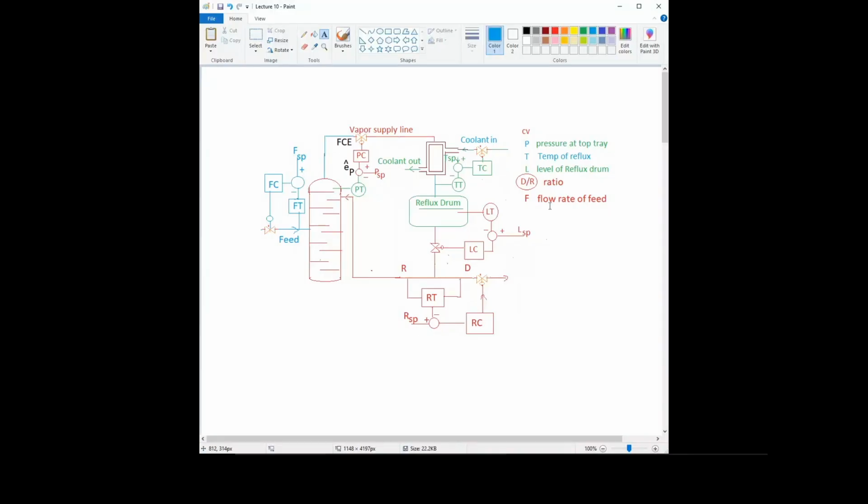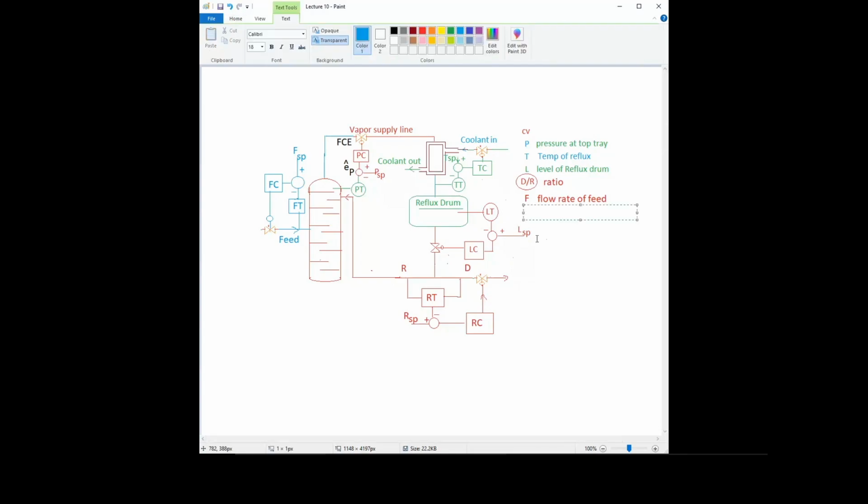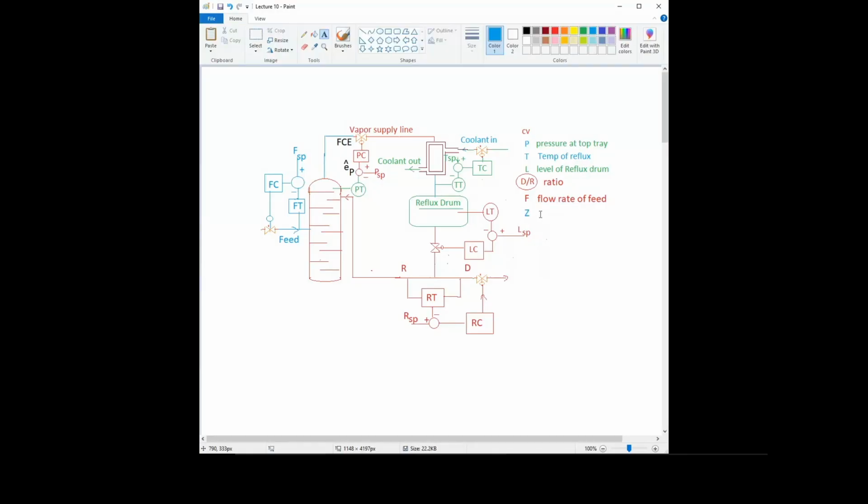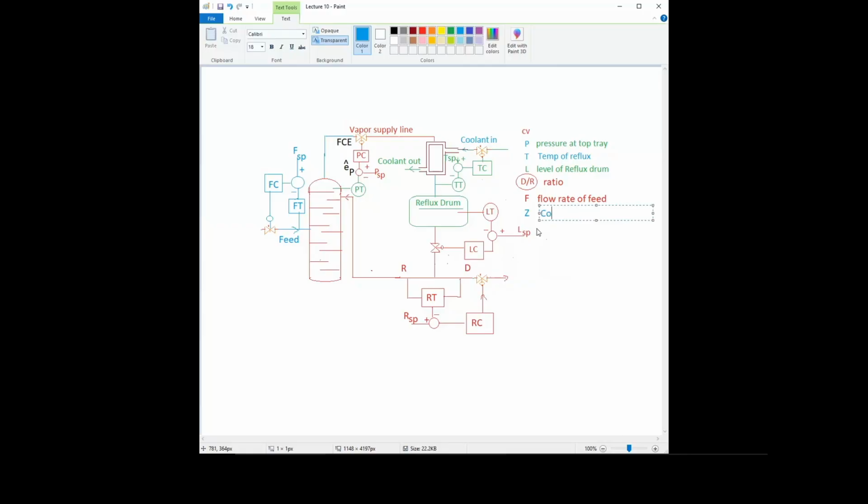This is our fifth variable. Then our sixth and final variable here will be the concentration. We are saying here Z, right? So this is the concentration or composition of feed, right?